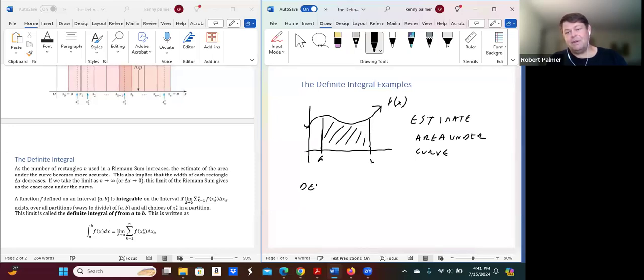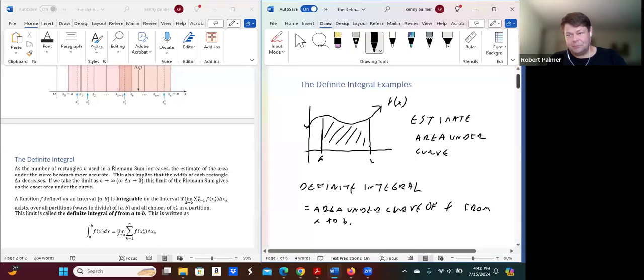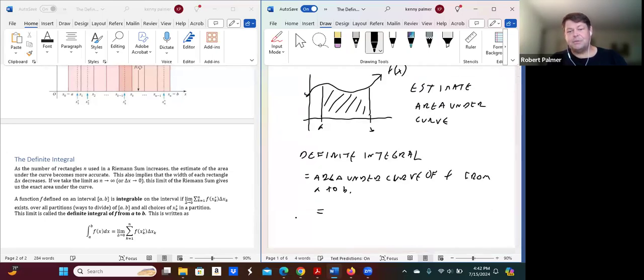So if we define the definite integral, which is equal to the area under the curve of f from A to B, that's equal to, you use this notation, it's called integral notation, it's called the definite integral.